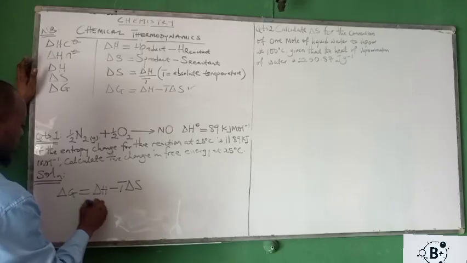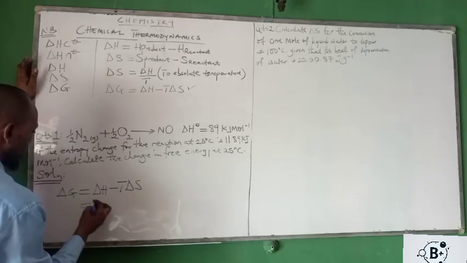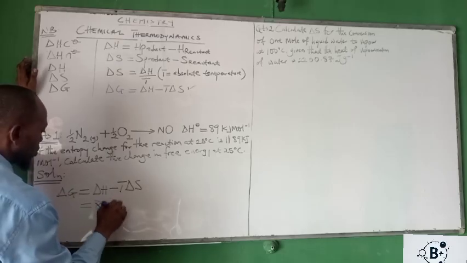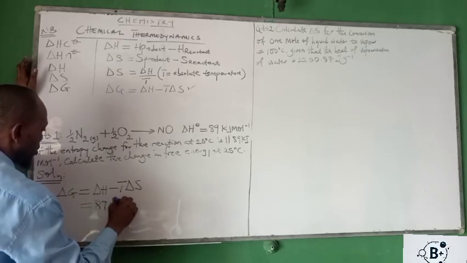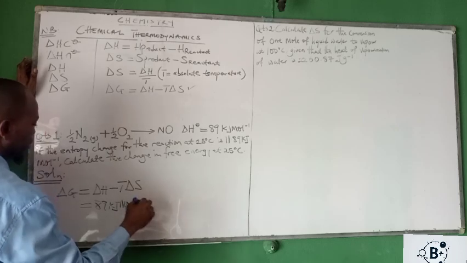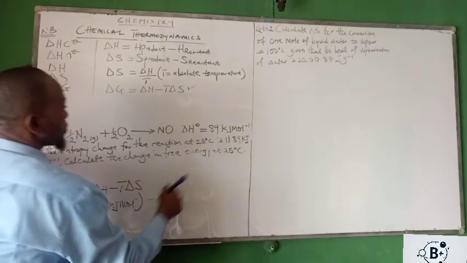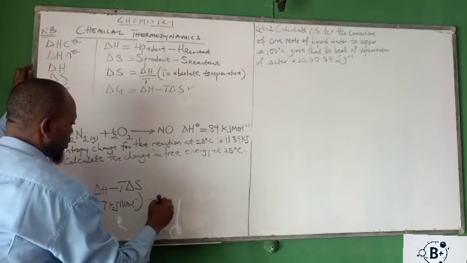Change in H is 89 kilojoule per mole, minus T, temperature, which is 25.